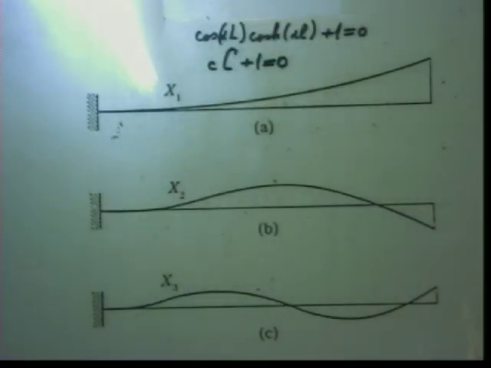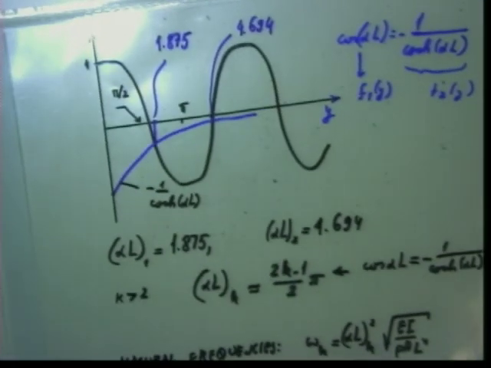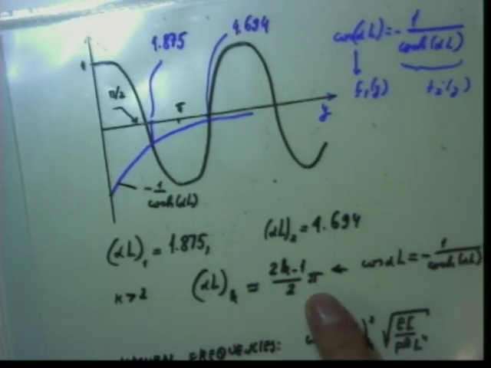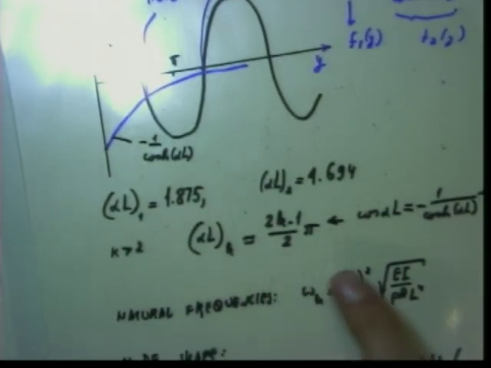Now, we can also write down here in this case that pi appears only in the asymptotic expression of frequency. Natural frequencies tend to pi squared asymptotically.